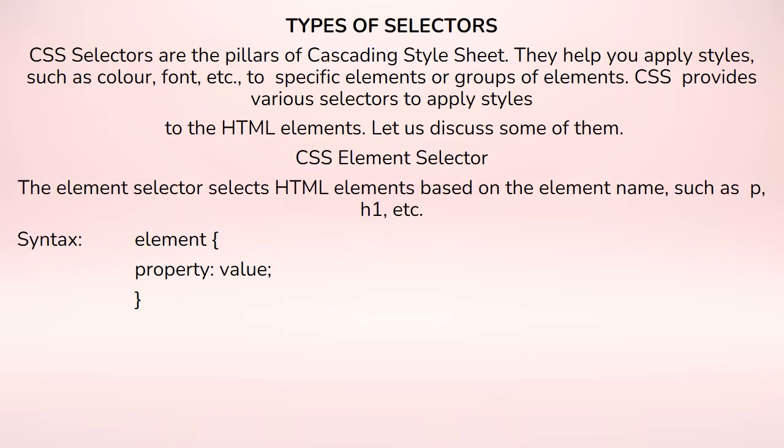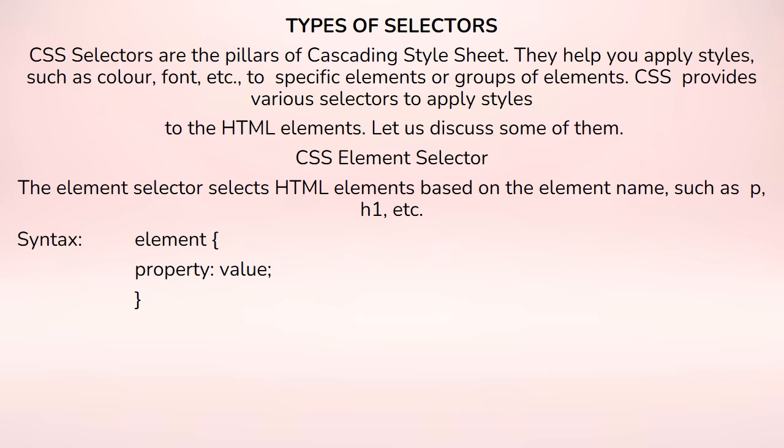Types of selectors. CSS selectors are the pillars of Cascading Style Sheets. They help you apply styles, such as color, font, etc., to specific elements or groups of elements. CSS provides various selectors to apply styles to the HTML elements.